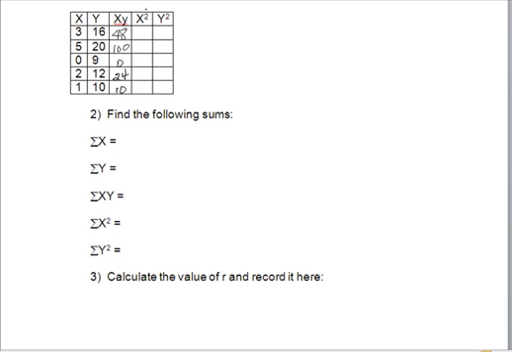Now squaring the x's, we get 9, 25, 0, 4, and 1. Squaring the y's, we get 256, 400, 0, 576. Squaring the y's, that should be an 81. And 100.